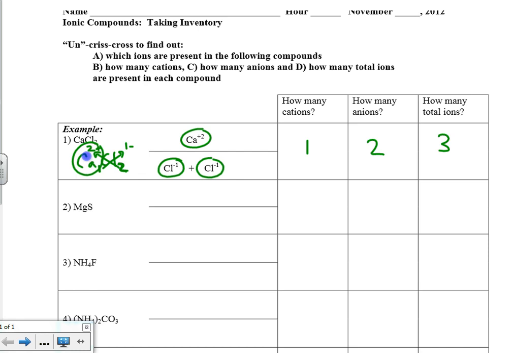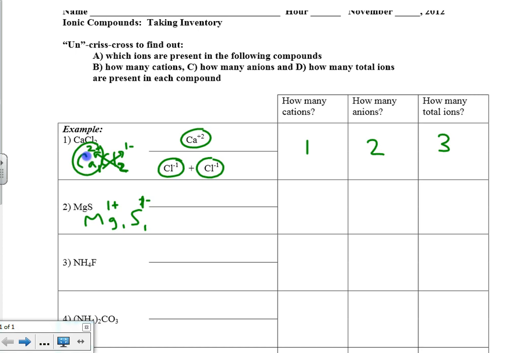The next compound formula I see is MgS. If I rewrite this so it's a little bigger, there's an understood 1 next to both the magnesium and the sulfur. If you uncrisscross, it appears that the magnesium has a +1 and the sulfur has a -1.